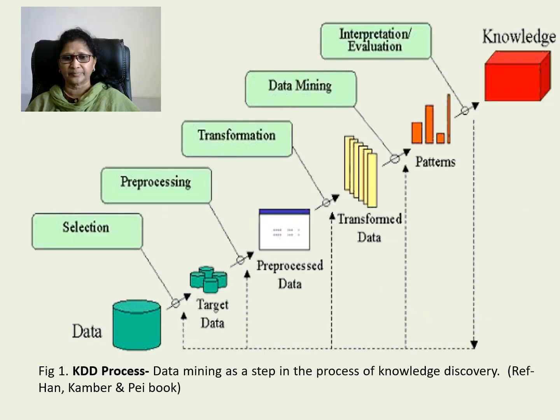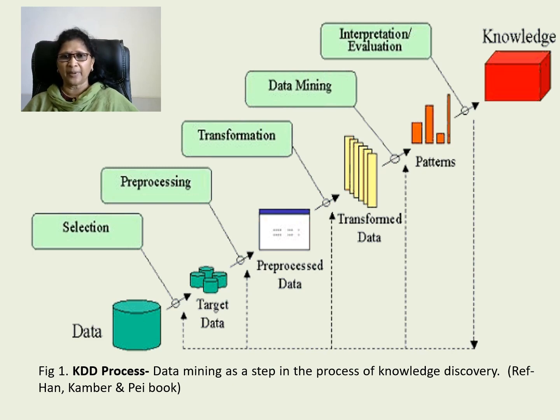Look at this figure. This is a figure generally used to describe the process of knowledge discovery from data. This figure is taken from the book by Han, Kamber and Pei, which we are going to refer to for our curriculum. It is an iterative sequence of the steps shown in the figure, starting with data selection, where data relevant for analysis is retrieved from the data warehouse.